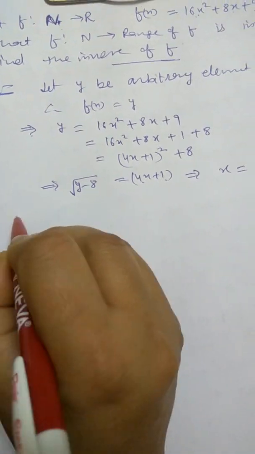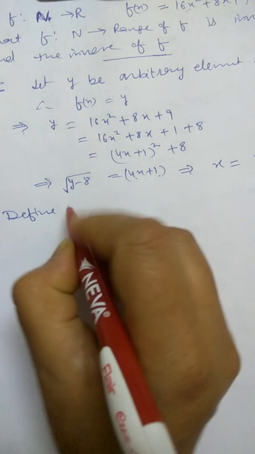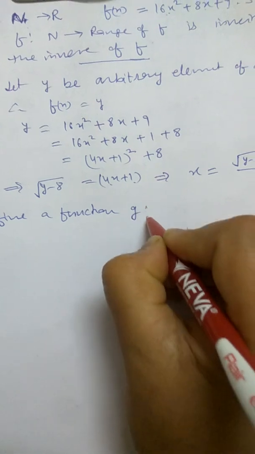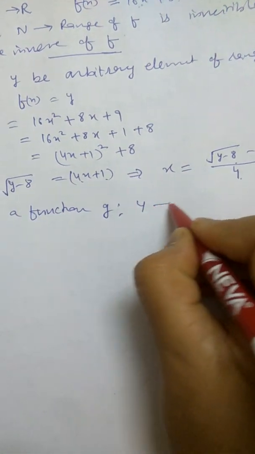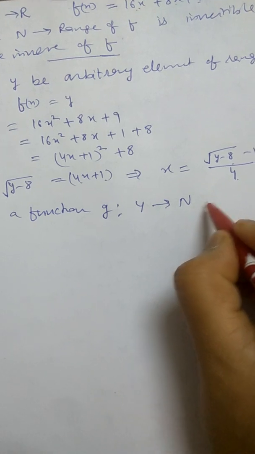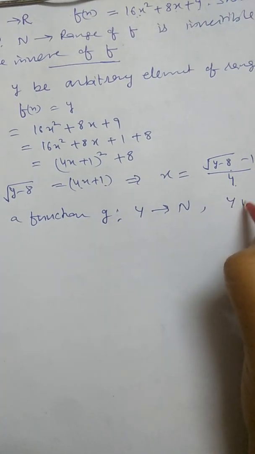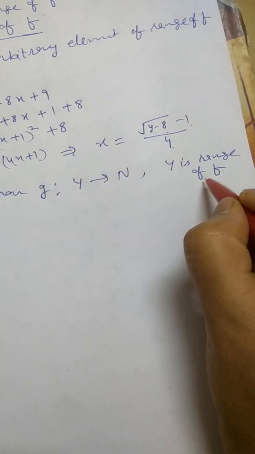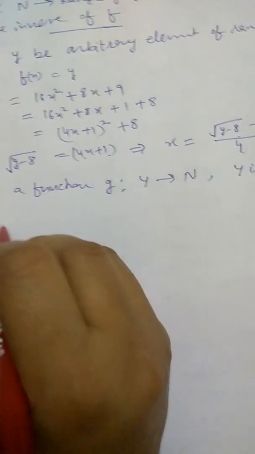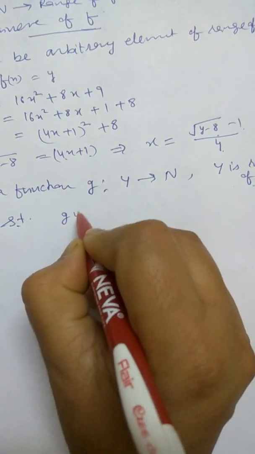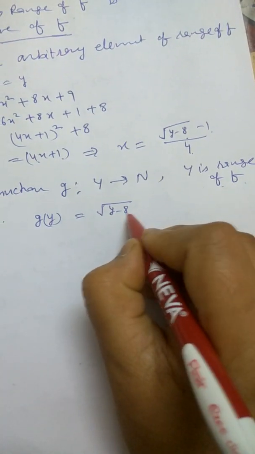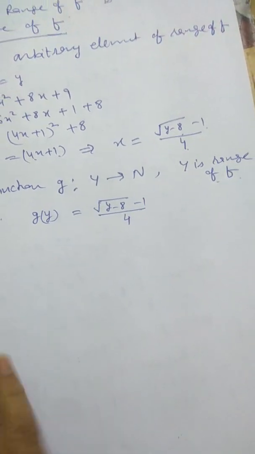Is it clear? Now we have to define a function. Consider a function g from capital Y to N, where capital Y is the range of f, such that g(y) is equal to (square root of y minus 8, minus 1) divided by 4.